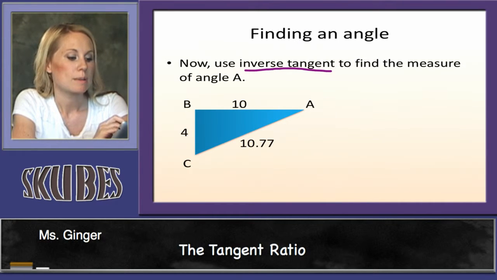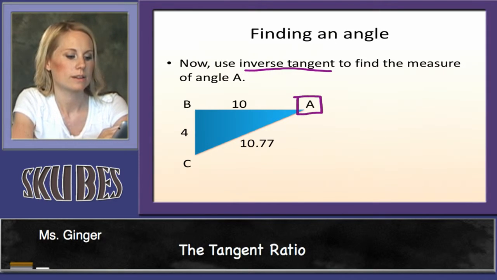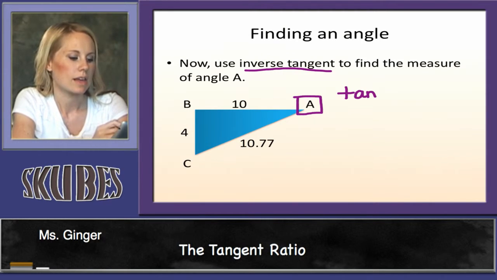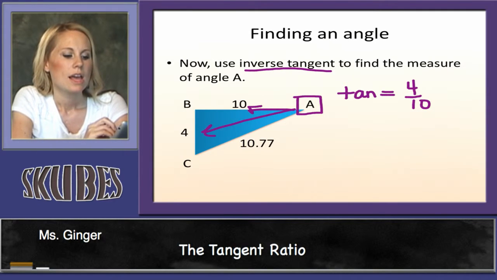So let's say we want to find the measure of angle A. So identify where angle A is located. It's here. And normally, for regular tan, like we found before, the tan of A, remember, was 4 over 10, opposite over adjacent. We found that in that earlier slide.